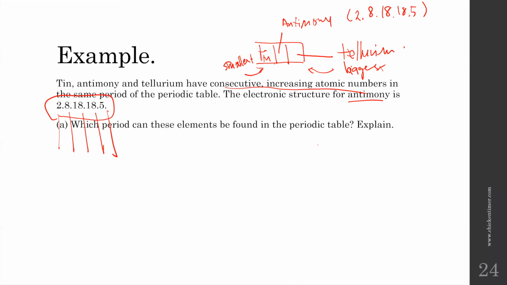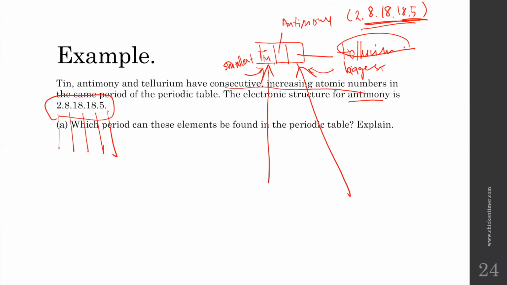So I have another question. What is the electronic structure of tin, and what is the electronic structure of this last one? They say it's consecutive increasing atomic number.